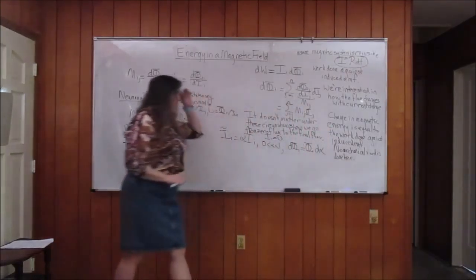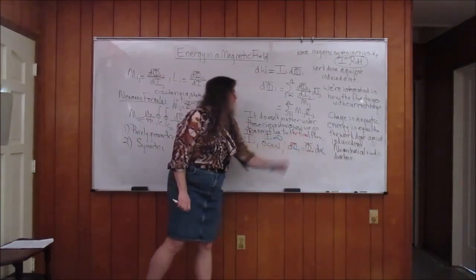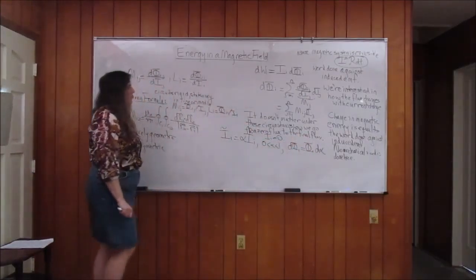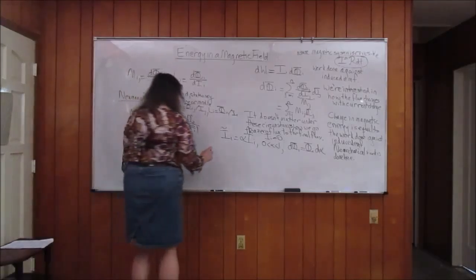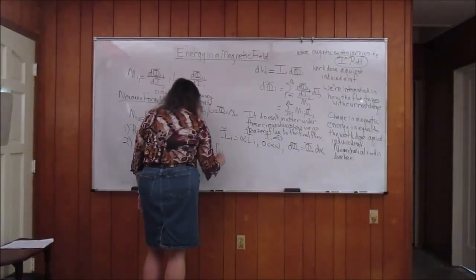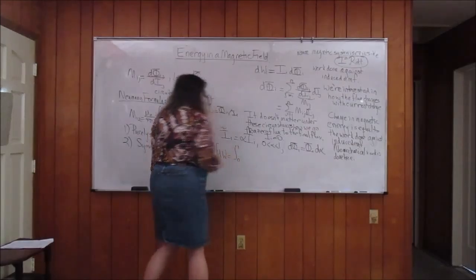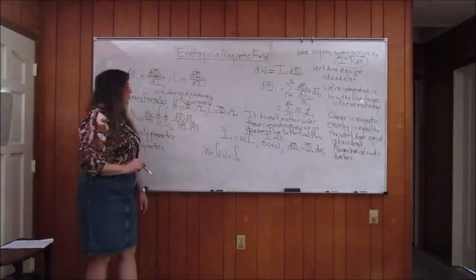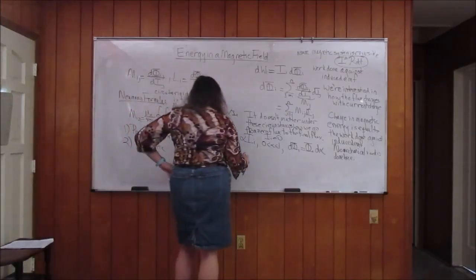So whatever the change is going to be equal to the flux times d alpha. Now I'm in a position to integrate, going from the initial and final state corresponding to alpha equals 0 and up to alpha equals 1.